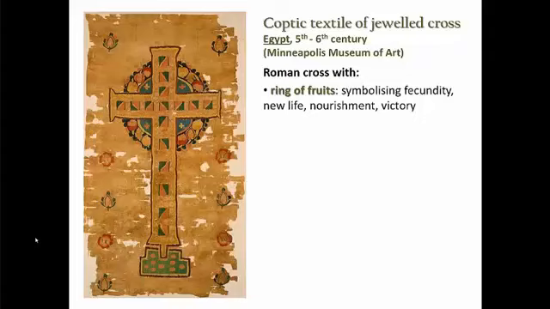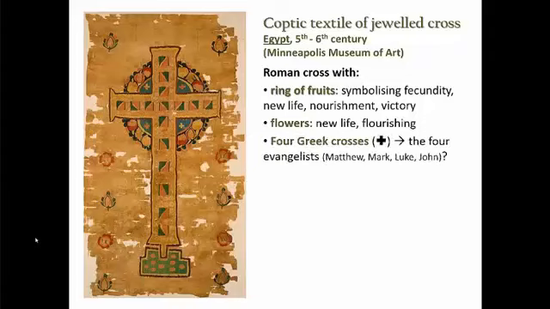There appear as well around the borders various types of flowers, which are representative of new life and flourishing. If you take a close look at the intersection between the arm and the stem, you will see 4 plus symbols, or Greek crosses. It is possible that these are representative of the 4 evangelists.